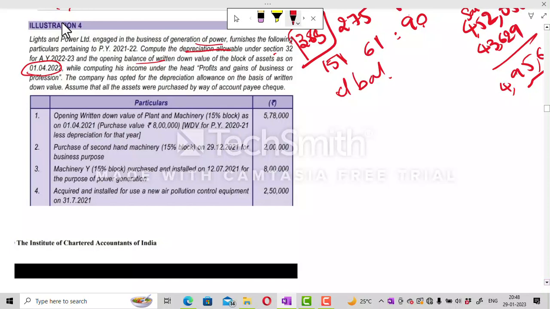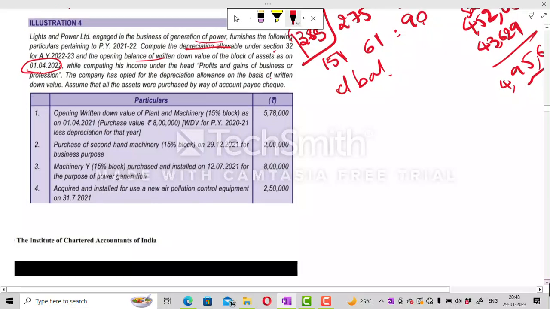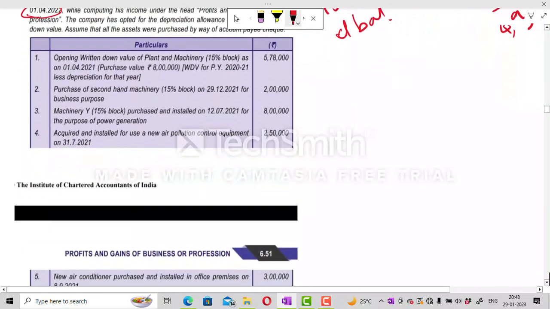Company has opted for depreciation allowance on the basis of return on value. Assume that all the assets are purchased by way of account payee cheque, means eligible mode of payment. Opening WDV, we should calculate opening. See, what is the way to calculate the closing balance?